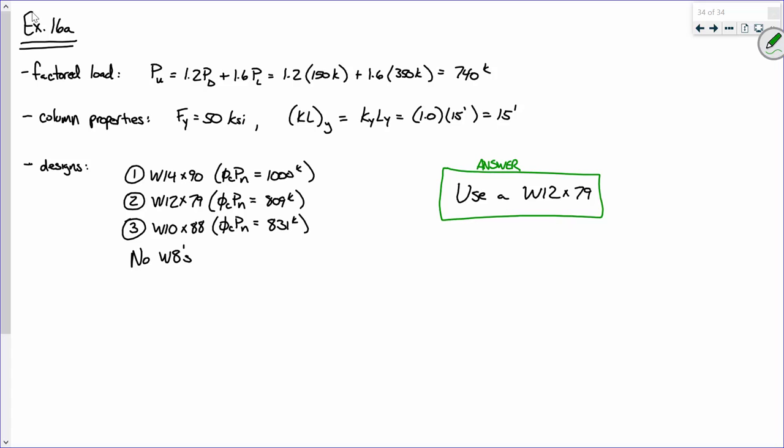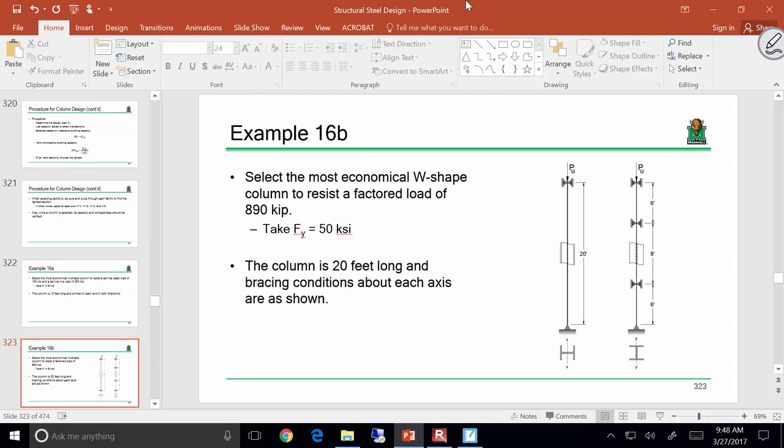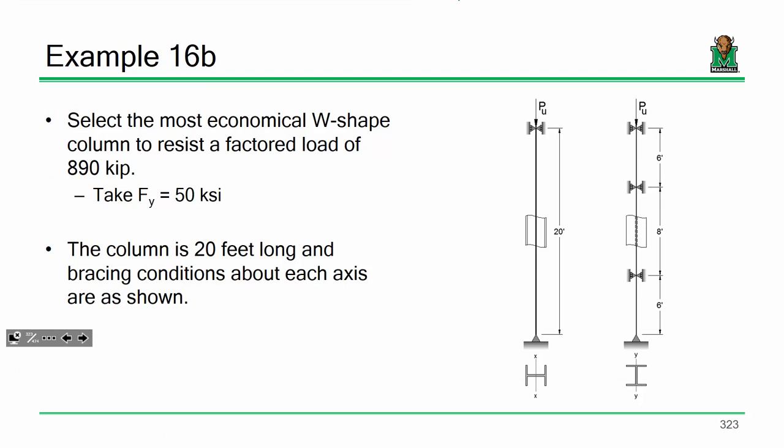Oh, well, there's a little more to it. Yeah. There's a little more. Example 16b is going to clarify it a little bit, which we're running a little short on time, so I'm going to probably call it for example 16b. But let me just say something real quick. The difference between example 16a and 16b is that with 16b we have different boundary conditions for the x-axis than we do the y-axis.